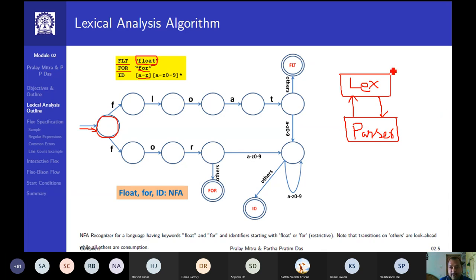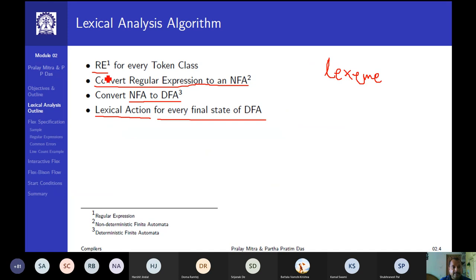So identifying or tokenizing is the whole purpose of the lexical analyzer. In the last slide we noted that there exists a regular expression for every token class. Since there is a regular expression, I can convert that to an NFA, then to a DFA, and when there is a DFA, I can attach some lexical action for every final state of the DFA.